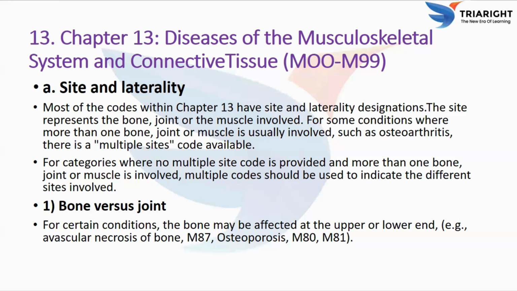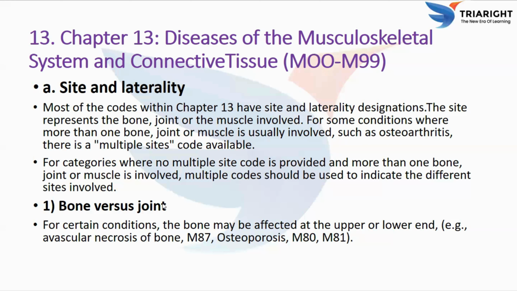The second is when there is no multiple site code, you must assign separate codes for each side. If osteomyelitis affects the right tibia and also the left femur, you code each side separately because no single multiple site code exists. This is the guideline regarding site and laterality.